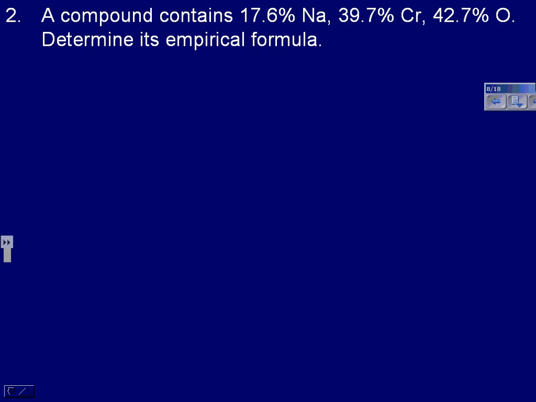And again, I'm going to go a little quicker now through the motions. We have, again, Na, 17.6 grams. Next we've got Cr, and that's 39.7 grams. And again, I've got O, and that's 42.7 grams.